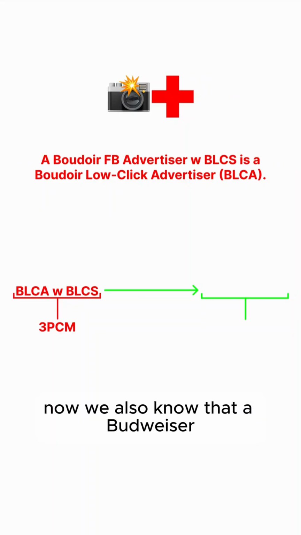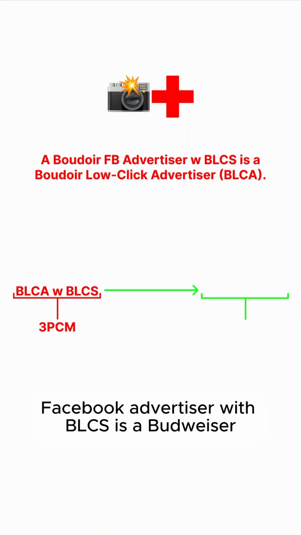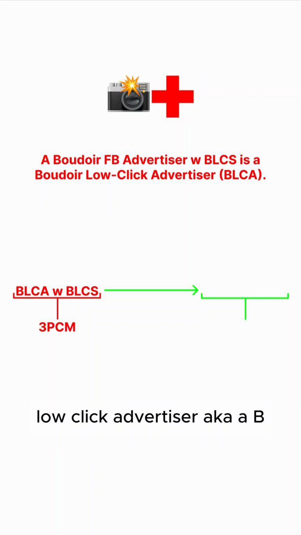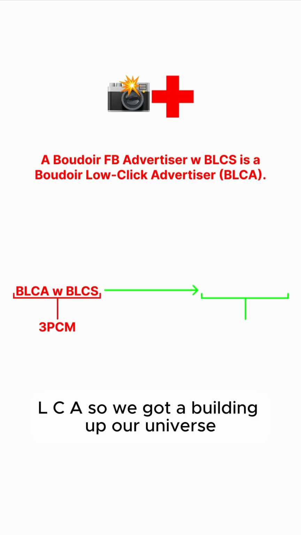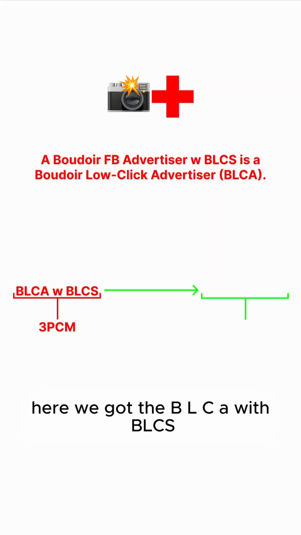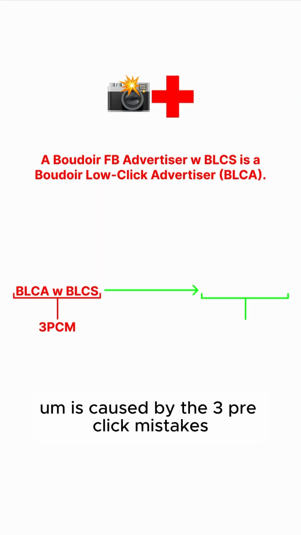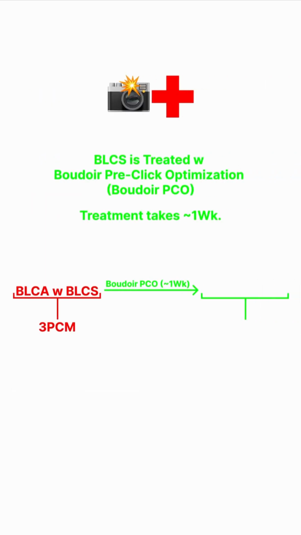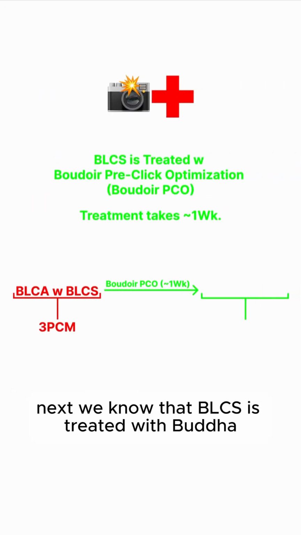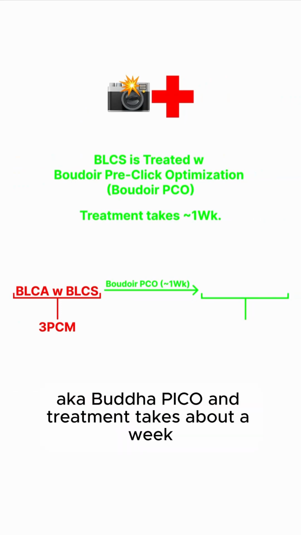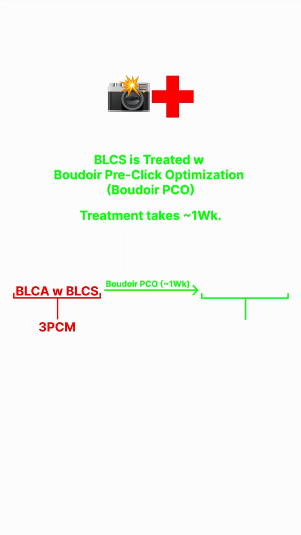Now we also know that a Boudoir Facebook advertiser with BLCS is a Boudoir low click advertiser, aka a BLCA. So we're building up our universe here. We've got the BLCA with BLCS, caused by the 3 pre-click mistakes. Next, we know that BLCS is treated with Boudoir pre-click optimization, aka Boudoir Pico, and treatment takes about a week.